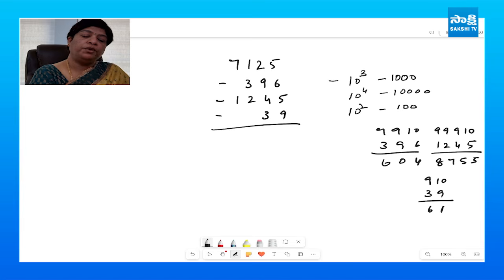The next thing I would do is add the positive number with the Nikhilams. So 1725, 604, 8755 and 61.